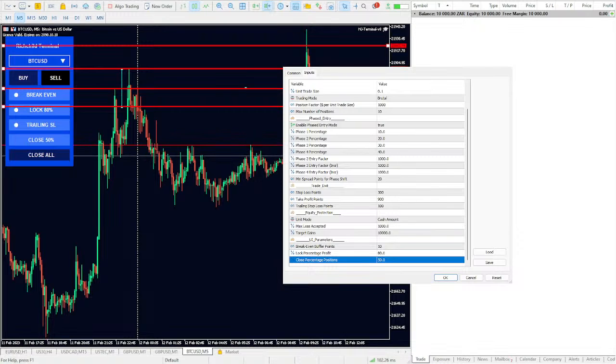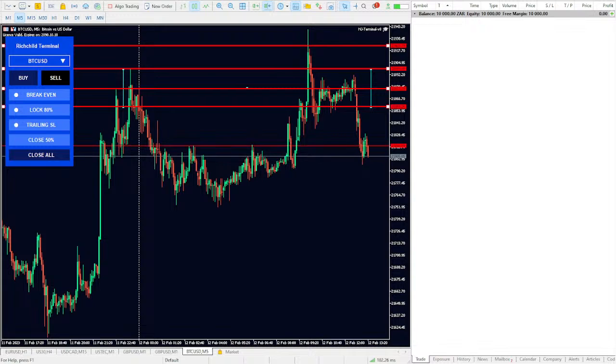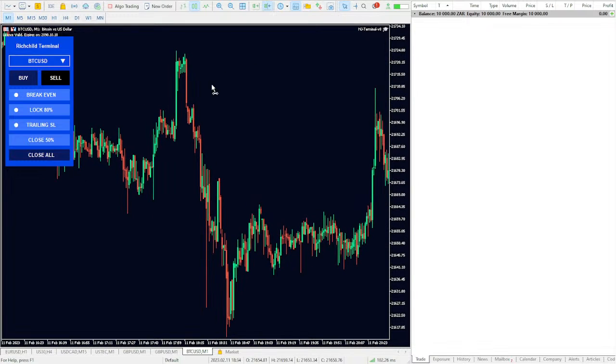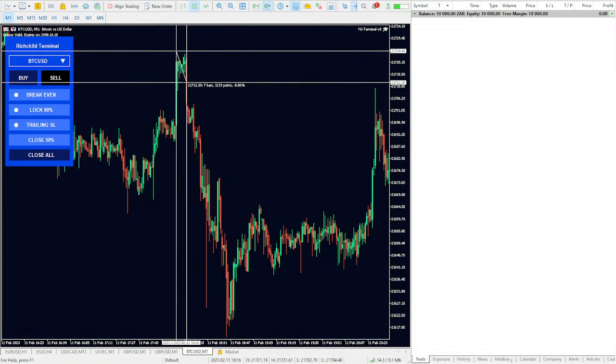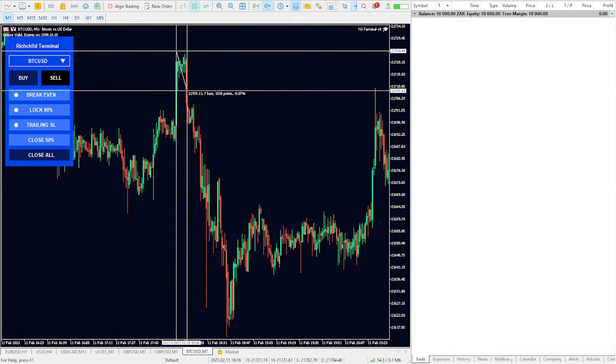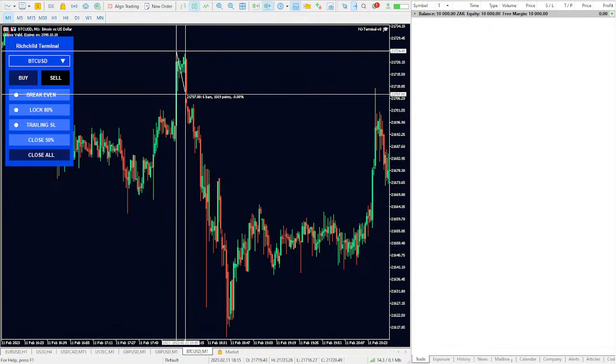Since it's Bitcoin, I'm going to try and measure how Bitcoin likely moves so that I put my values nicely. So a trade like this, you can see that from here to here it's already about 1,500 points.